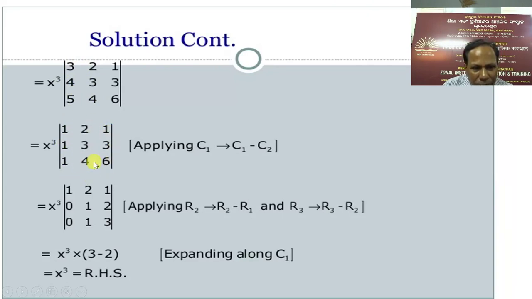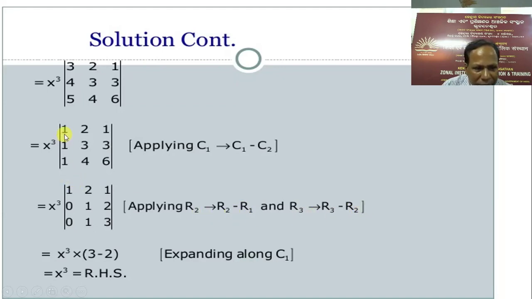Now before expanding, we need two zeros, either in a row or in a column. So x cube remains as it is. We have got 0 here and 0 here by applying the property R2 replaced by R2 minus R1 and R3 replaced by R3 minus R2.